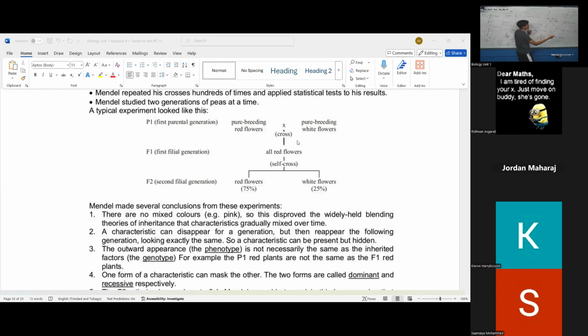For example, if I want to see which trait for eye color is dominant, between brown eyes and blue eyes, I need two individuals that are pure breeding for each. When they produce offspring, whichever eye color the offspring have indicates that color is dominant.